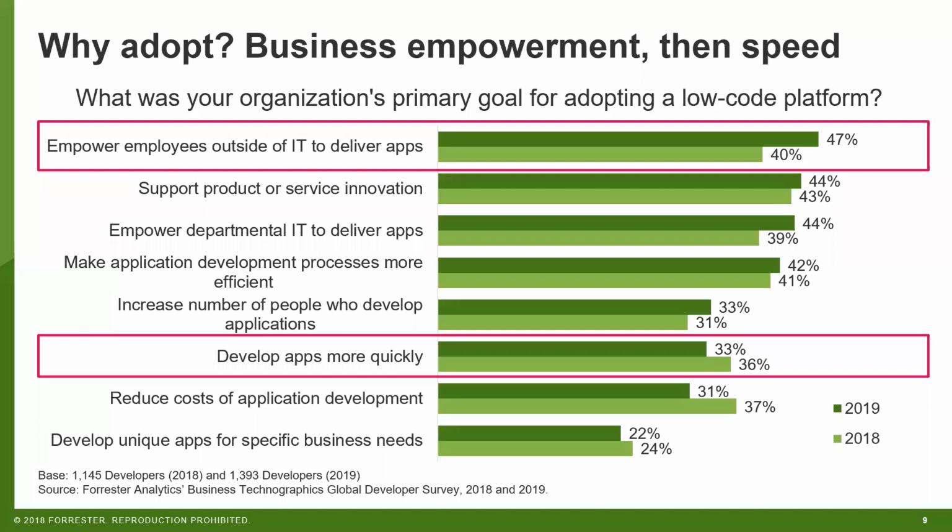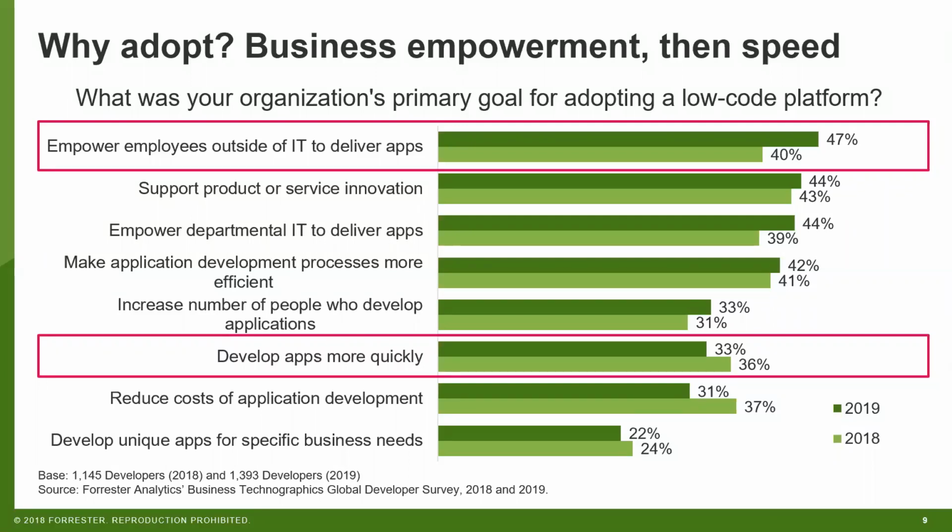This first became visible to us really in the last couple of years. You can see that developing apps more quickly remains a key concern, and that, like I say, was really the bedrock, the requirement that built this market. But now we're seeing an effect on the way that development is being organized as well.